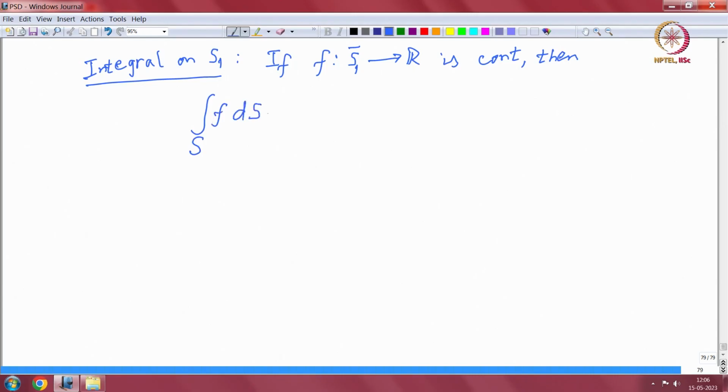This is by definition. You can again use, for example, Riemann sums and so on.